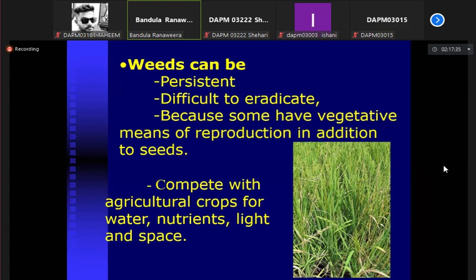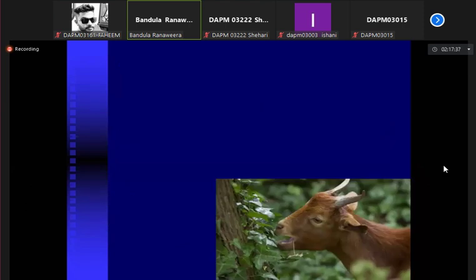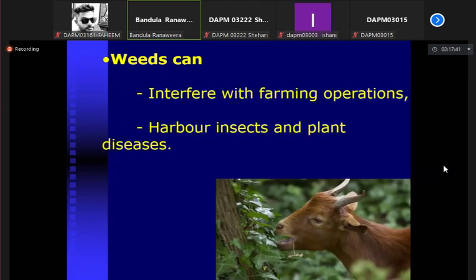In addition, weed plants can interfere with our farming operations. Simply, weed plants create difficulties in picking the fallen fruits and nuts of some plants like cashew.